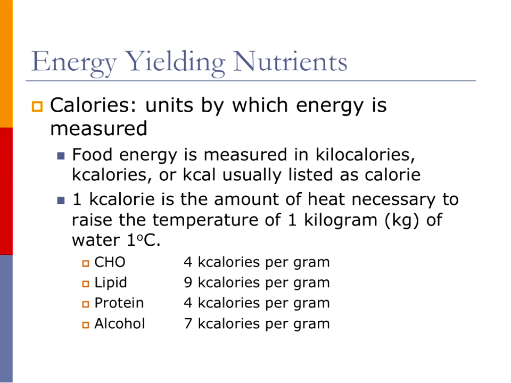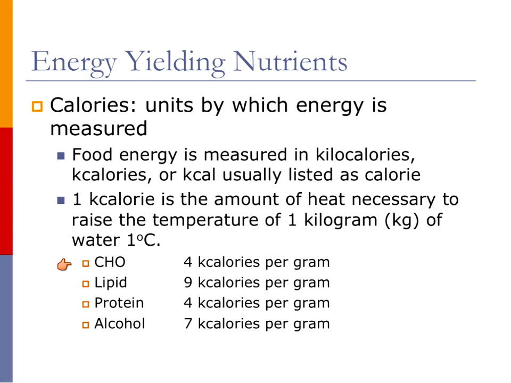The energy yielding nutrients, and this is a concept that students frequently have trouble with. An energy yielding nutrient means that the nutrient provides calories. That does not include vitamins. It includes only carbohydrates, lipids, proteins, and of course alcohol, but alcohol is not considered a nutrient, it's an anti-nutrient.